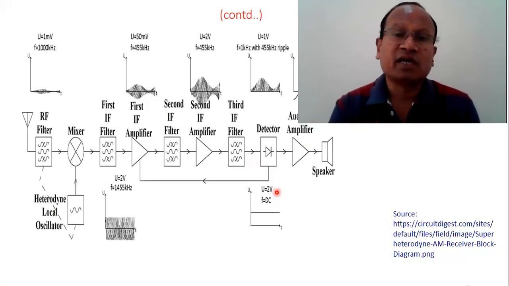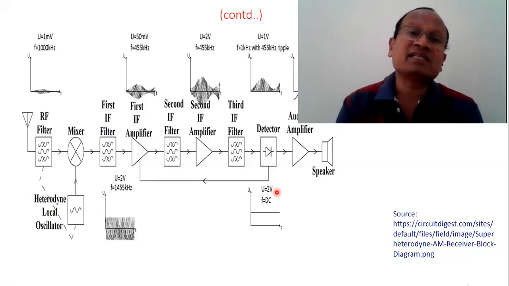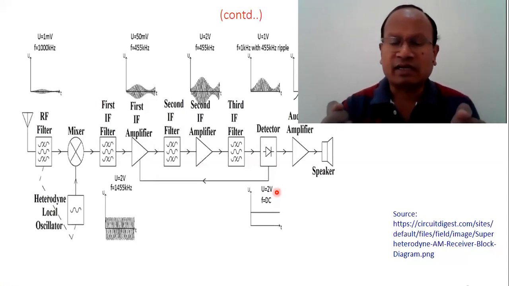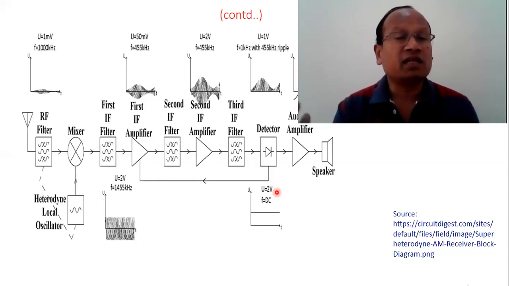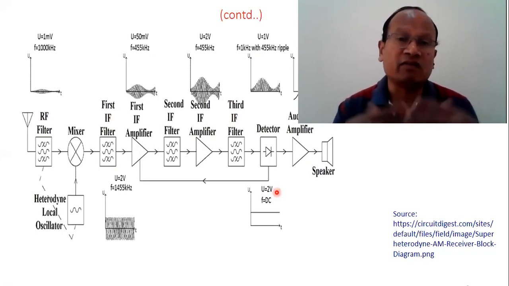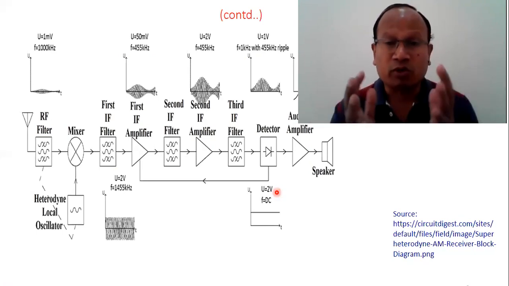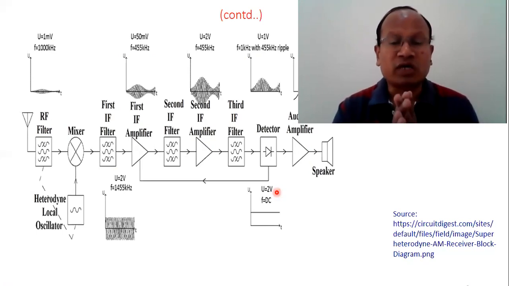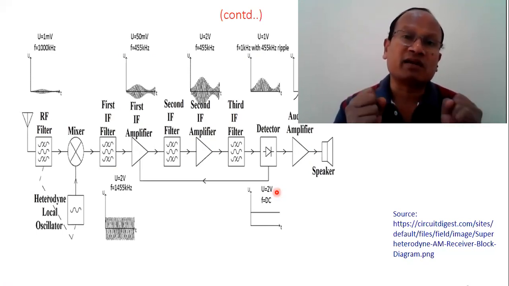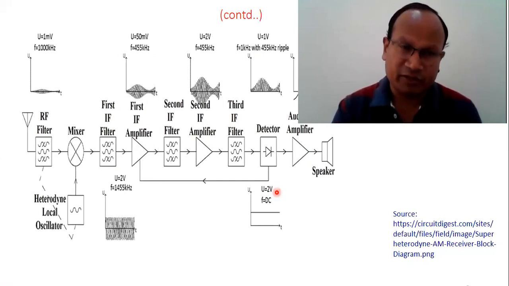If the selectivity is poor, the adjacent channel frequency may also get selected. That will produce distortion in the final output delivered to the speaker or any output device. Therefore, superheterodyne plays an important role in getting a high amount of selectivity.